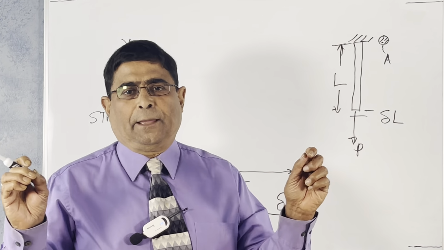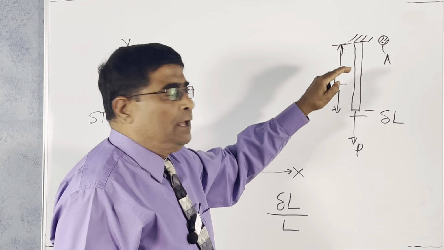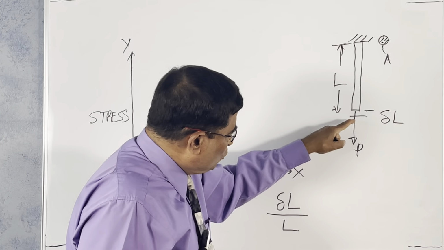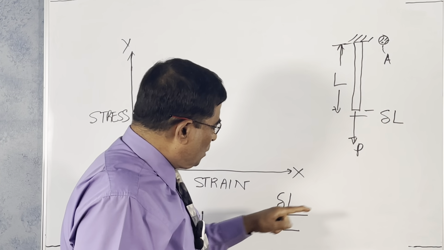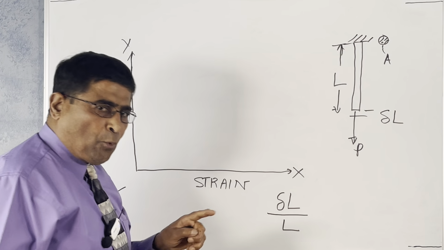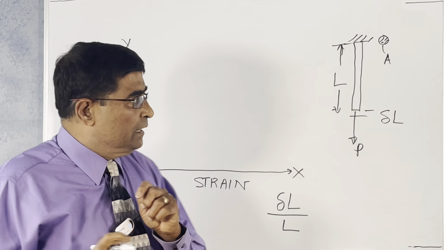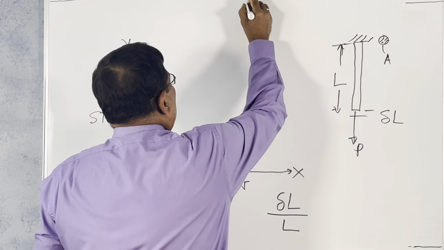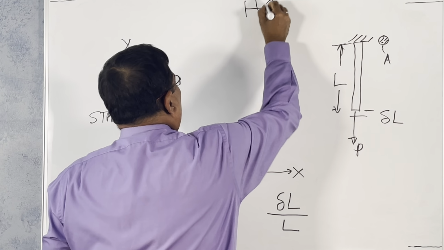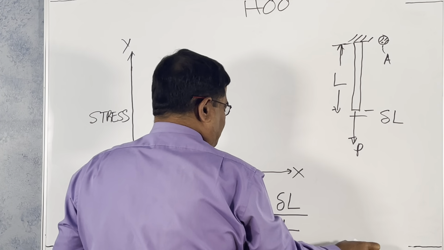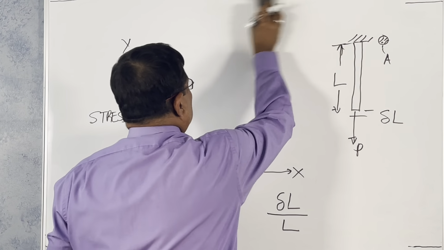Now if you have a steel rod, mild steel say, if you are pulling, then it will be elongated. The amount of stress and strain is proportional to a certain extent. This is called Hooke's law. What does Hooke's law say?